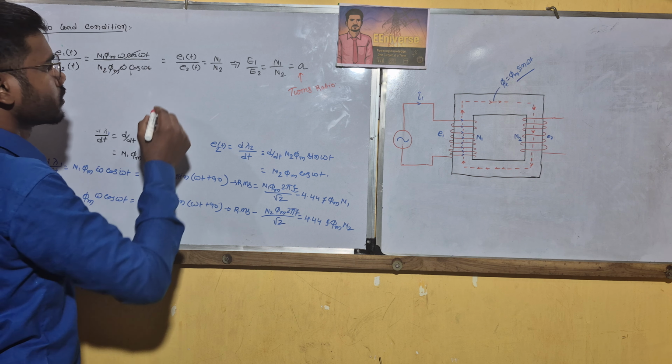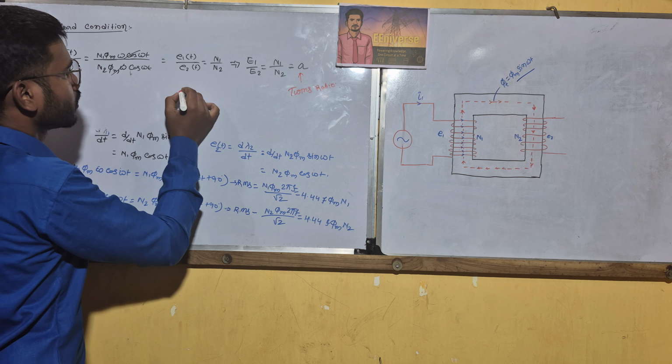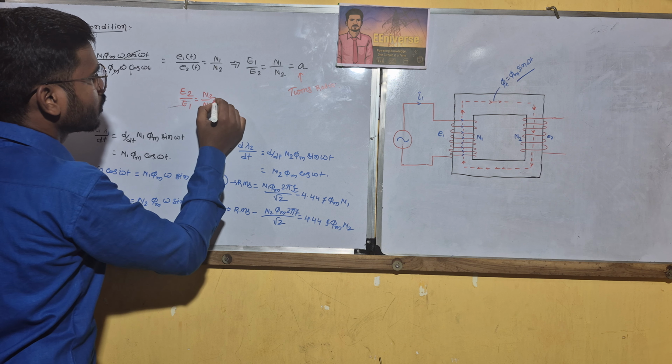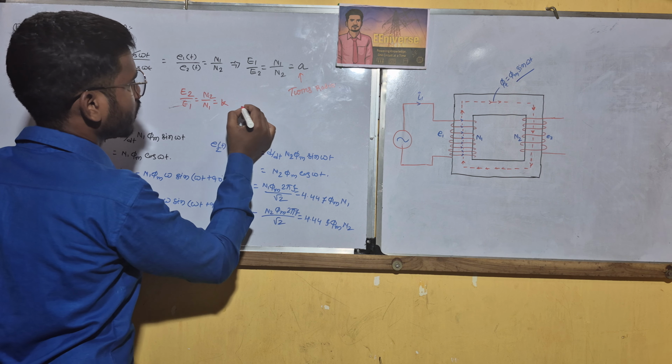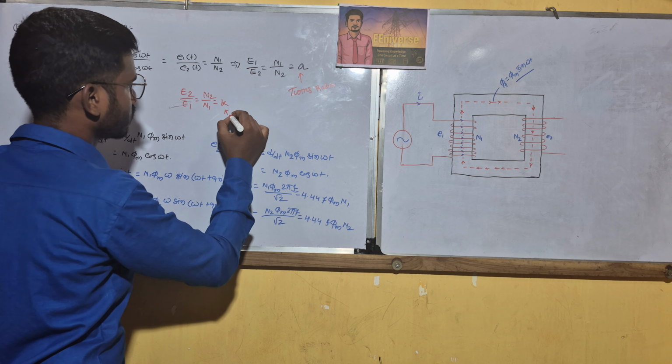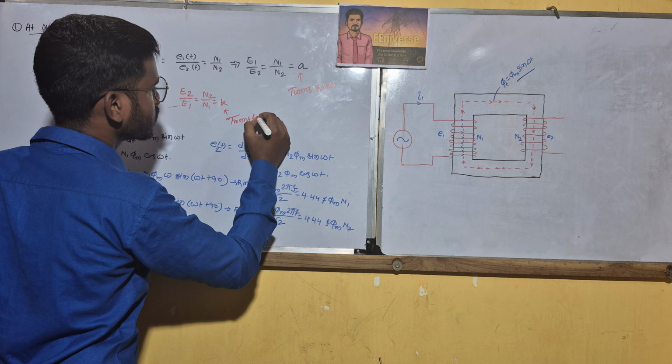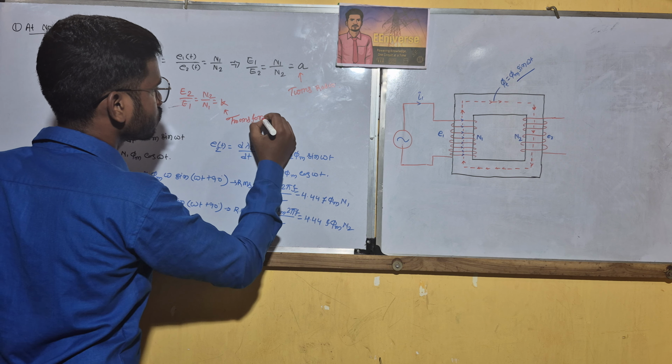And E2 by E1 equals N2 by N1 equals K. That is called transformation ratio.